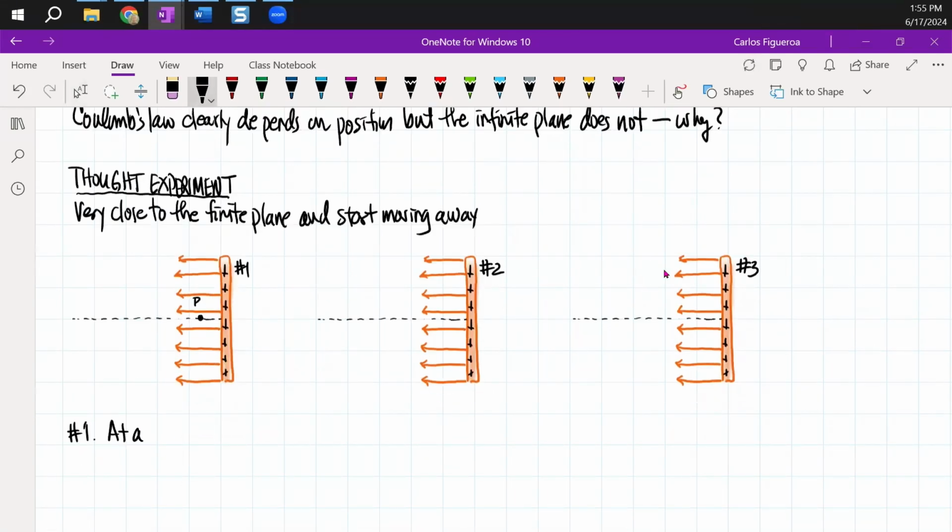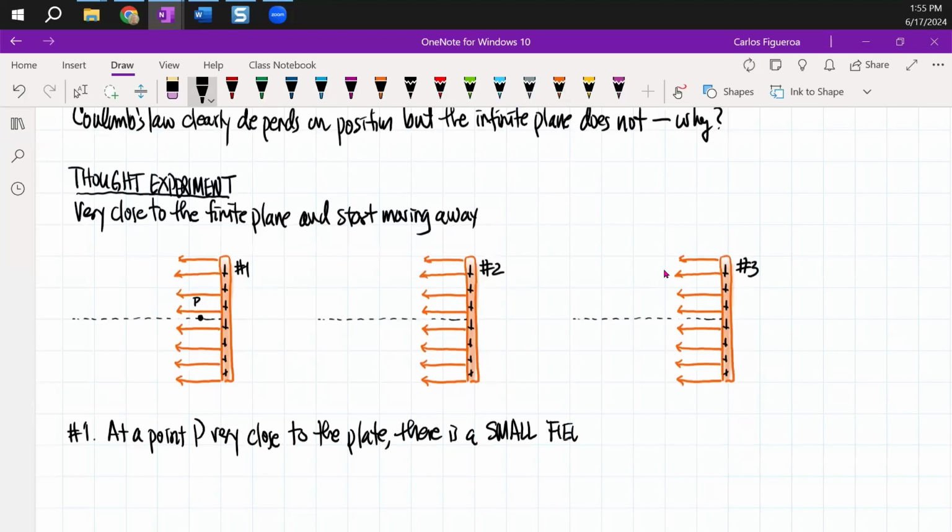At a point P very close to the plate, there is a small field of view that saturates your vision.